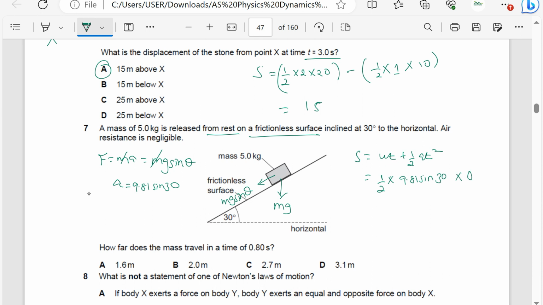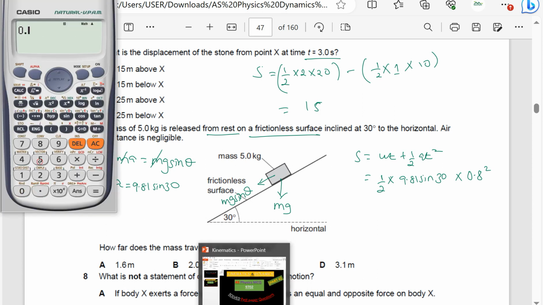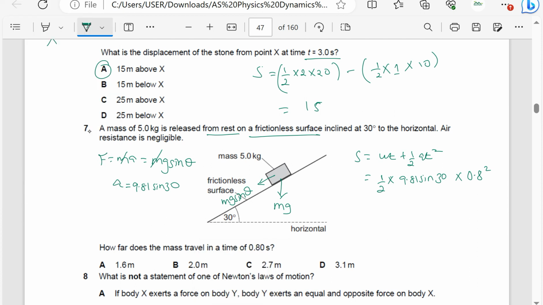The time is 0.8 squared. So I'll press my calculator: 0.5 times 9.81 sin 30, then times 0.8 squared. So that is 1.6 meters. So the answer is going to be A.